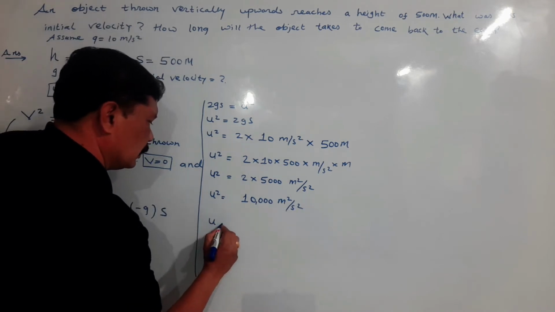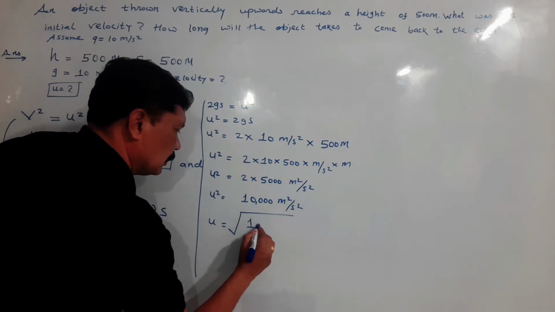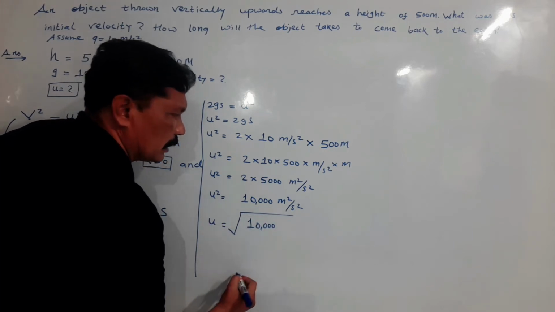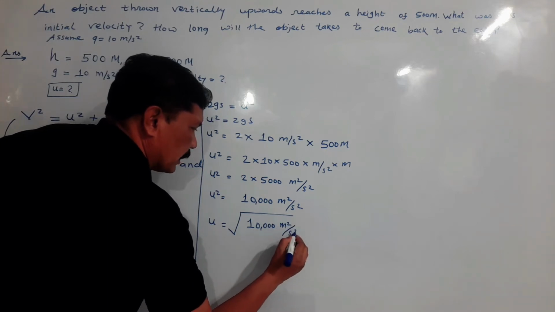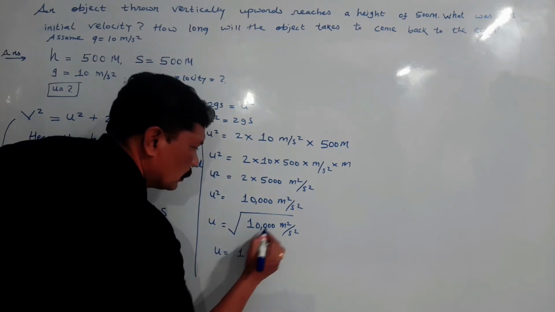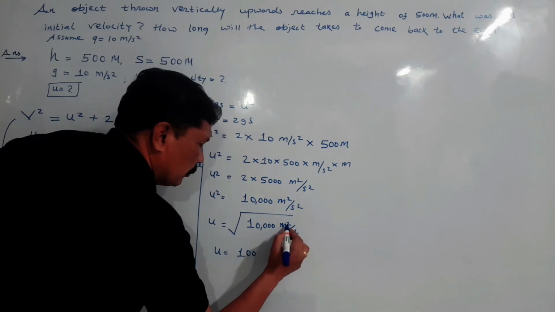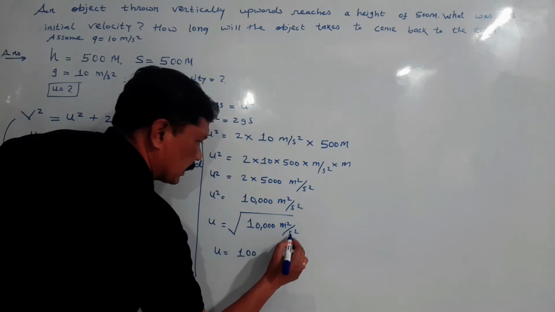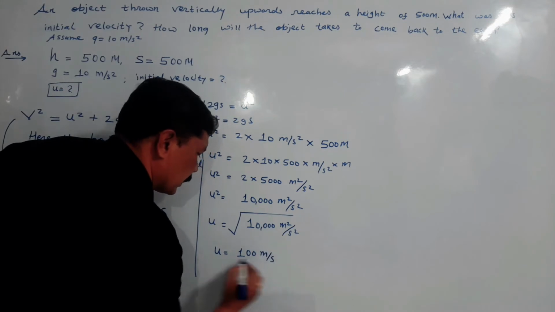So u is equal to under root 10,000 meter square upon second square. So we can write u is equal to 100, and meter square upon second square will become meter per second.